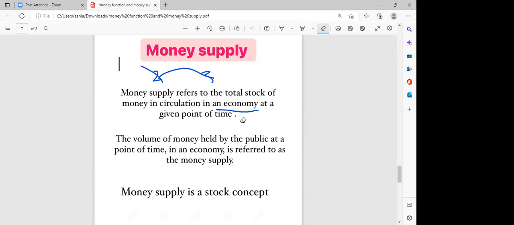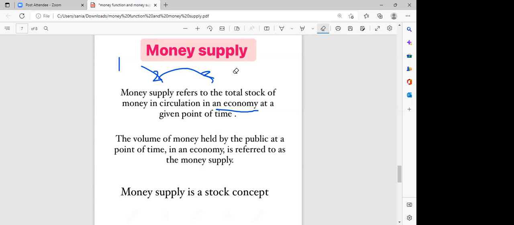So whenever I ask how much money supply you have, I will mention a particular point of time, like on 26th July 2022, or on 21st July 2022, how much money you had. I need to mention that particular day, which is why the point of time matters.